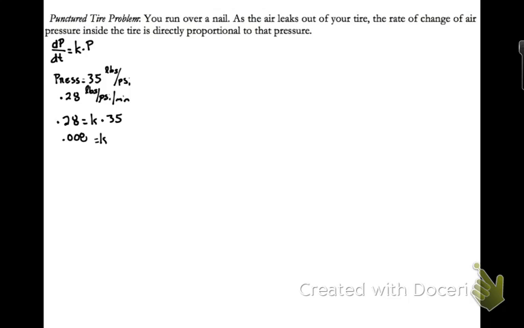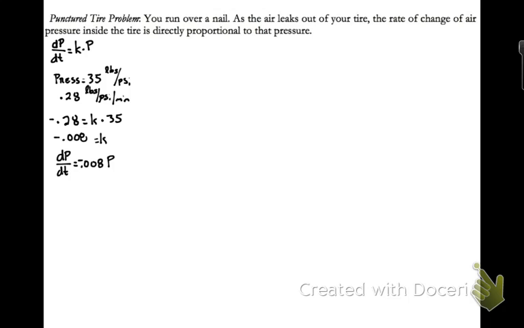So our initial differential equation is that dP/dt equals 0.008 times P. And since we're told it's decreasing, the rate of change was negative, so we should get negative 0.008. So there's our initial differential equation.